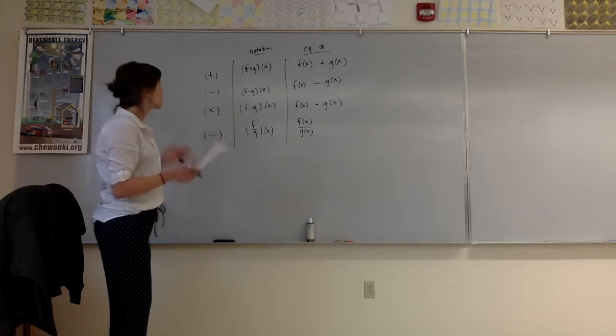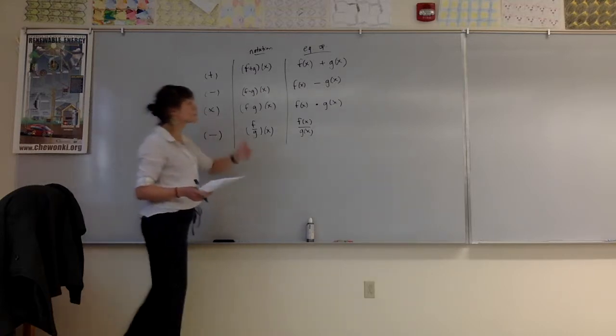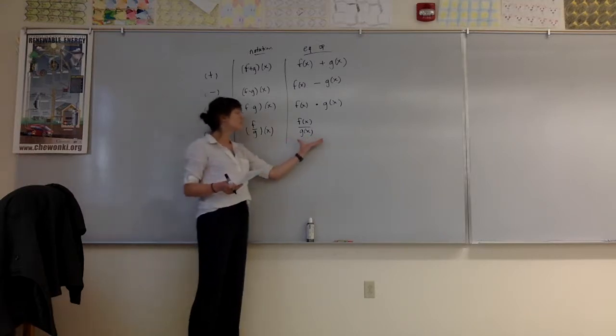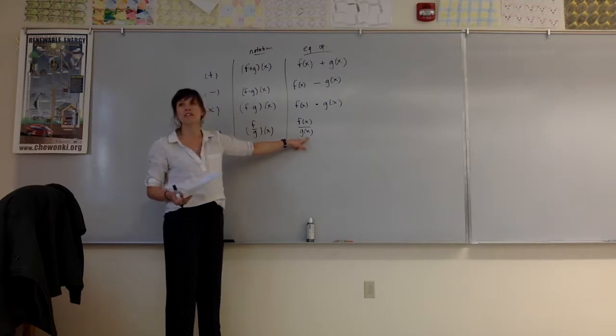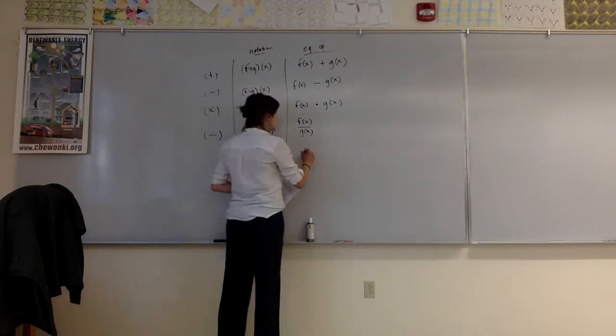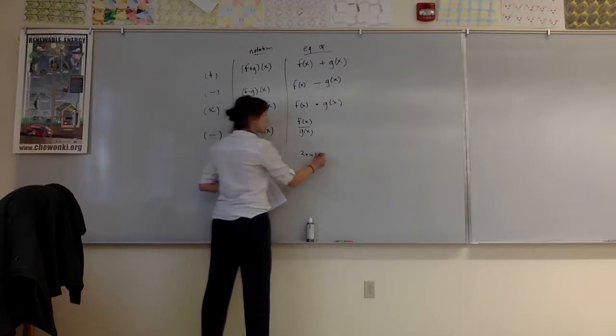And so the domain can be restricted. What I mean by that is that there are limitations to the x values, specifically in this quotient operation or this division operation, because what can't I have in the denominator? Zero. So if I have something like 2x plus 1 in the denominator, I can't have x be something that is going to be equal to 0.